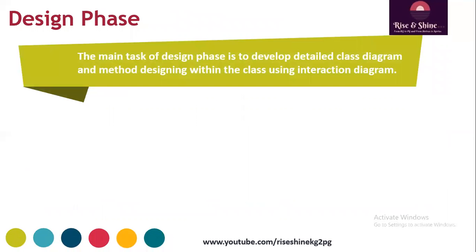So after completing analysis, the design phase starts. And the main task of this design phase is to develop a detailed class diagram and design the methods within that class using some interaction diagrams. That is the main task of this design phase: designing the detailed class diagram along with the methods within that class.